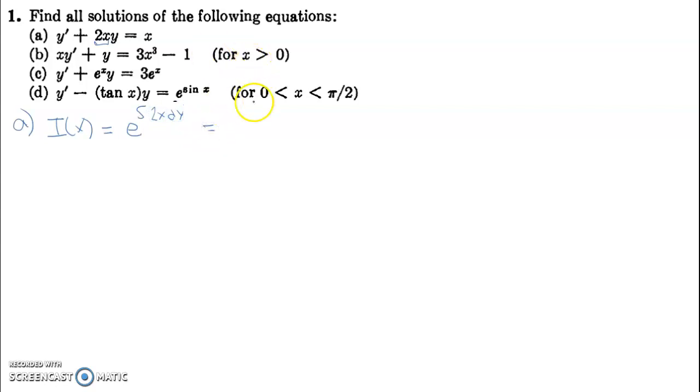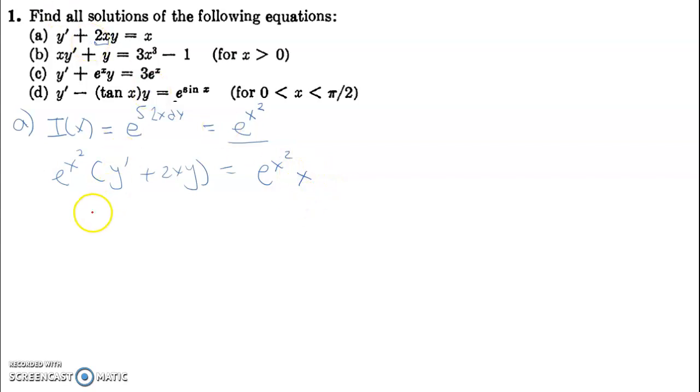This is going to give us e to the power of x squared. Then the next step is to multiply this to both sides of our equation. So we have e to the x squared times y prime plus 2xy equals e to the power of x squared times x.